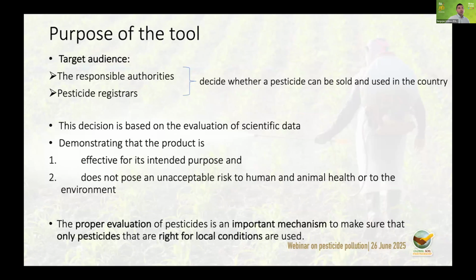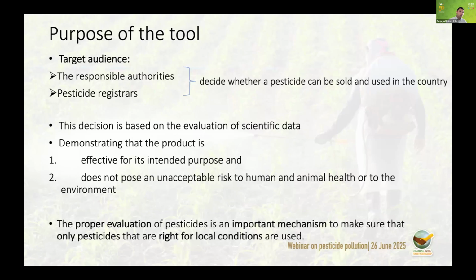Usually many registrants, when they want to register their substance with local authorities, come up with a lot of data, because to prove that your substance is free of toxics and doesn't pose any risks to human health, the environment, or any other ecosystems, you have a lot of data to deal with.